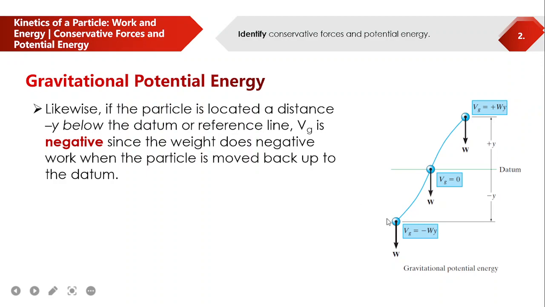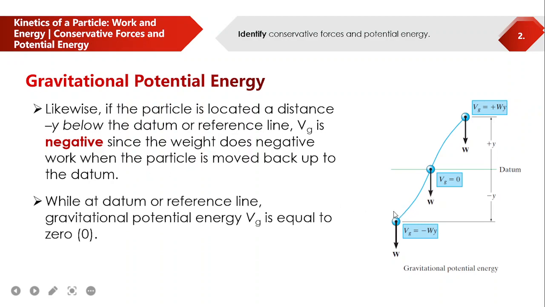Move back up. So, basta negative yung potential energy since the weight does negative work when the particle is moved back up to the datum. Okay? Kumbaga, if ipupunta tayo sa datum line natin, yung weight natin is pa-downward, okay?